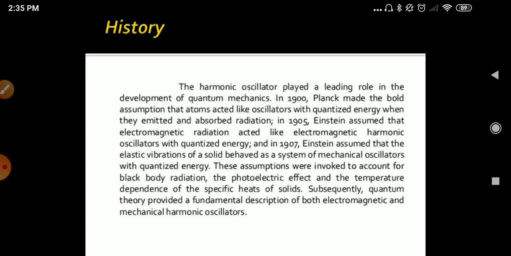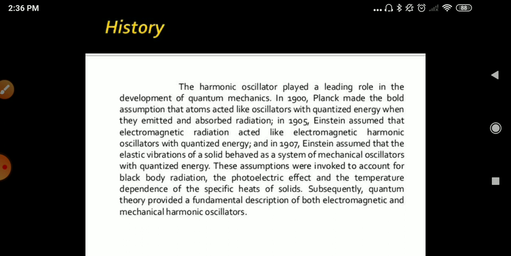In 1905, Einstein assumed that electromagnetic radiation acted like electromagnetic harmonic oscillators with quantized energy. In 1907, Einstein assumed that the elastic vibration of a solid behaves as a system of mechanical oscillators with quantized energy.